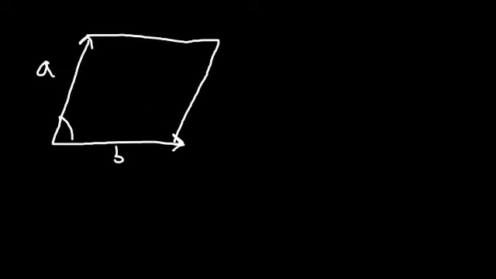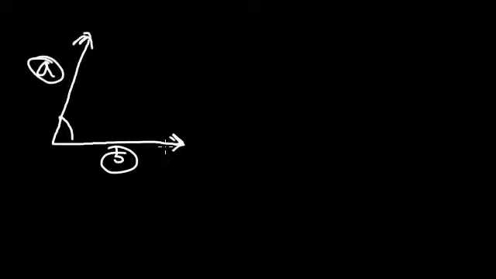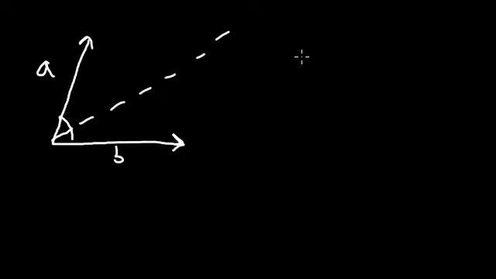Then the diagonal of the parallelogram, let me use the dotted line for that, will represent the resultant vector of these two vectors in magnitude and direction.